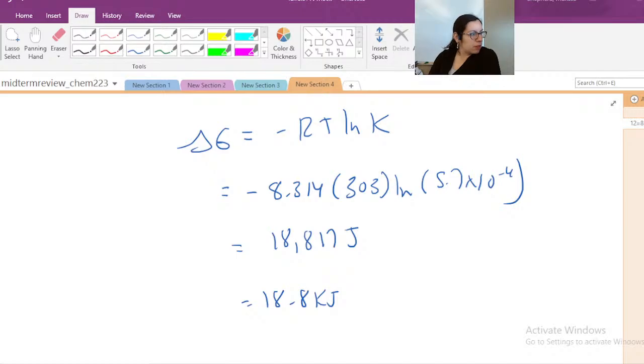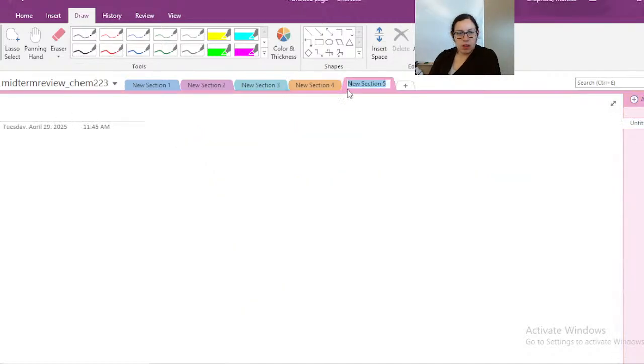All right, let's look at some oxidation states. So if we have this compound, determine the oxidation state.